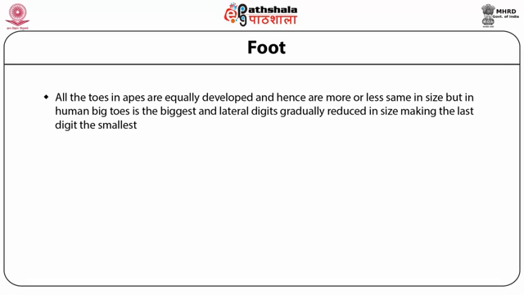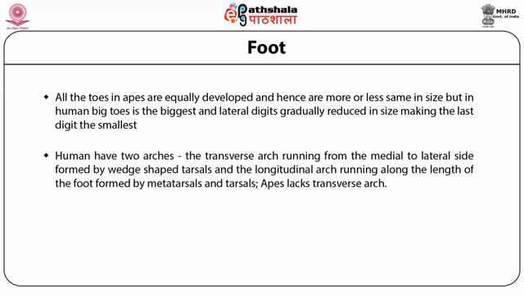But in humans, the big toe is the biggest and the lateral digits gradually reduce in size, making the last digit the smallest. The human foot is also complemented with two arches to accommodate the body weight.